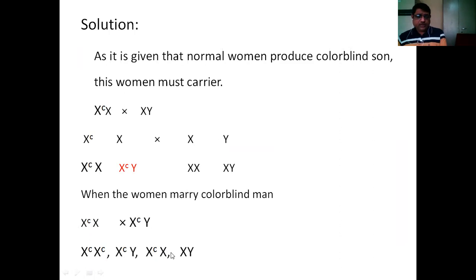That means one female will be color blind, because she has the genotype XCXC. Out of the two males, one will be color blind and one will be normal, while one female will be color blind and the other will be normal but a carrier.